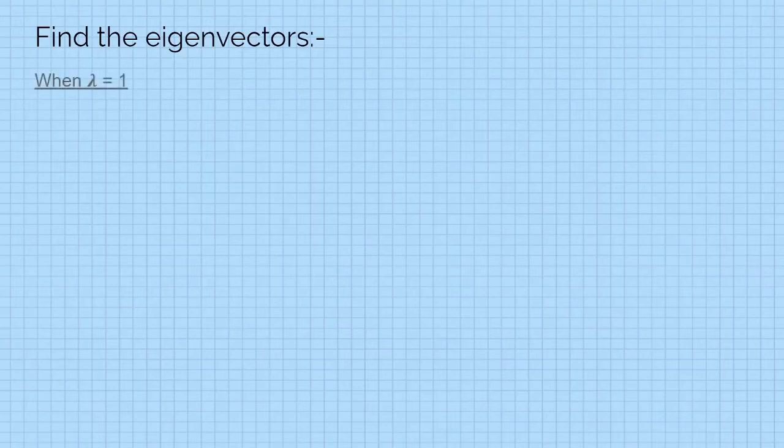To find the eigenvectors, we need to find the value of the eigenvectors for each of the eigenvalues that we got before this. Okay, first we try to find the eigenvectors for lambda 1.